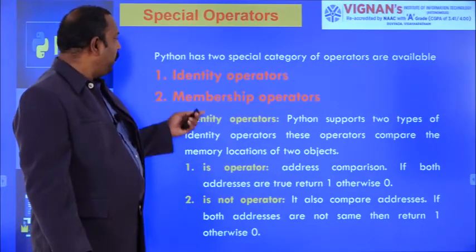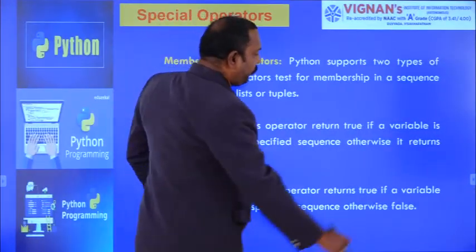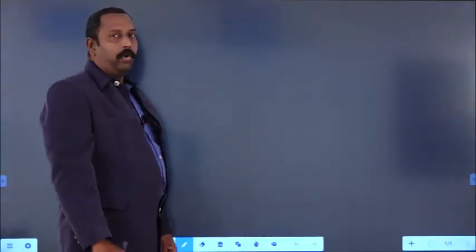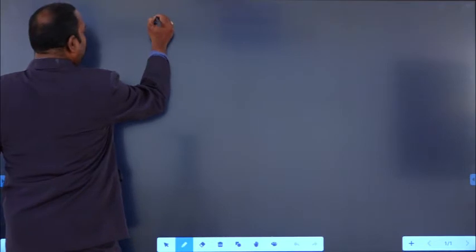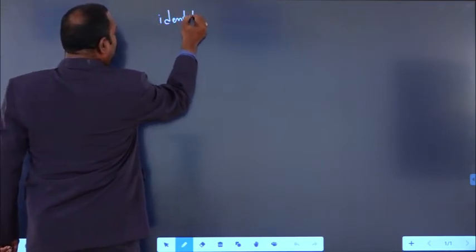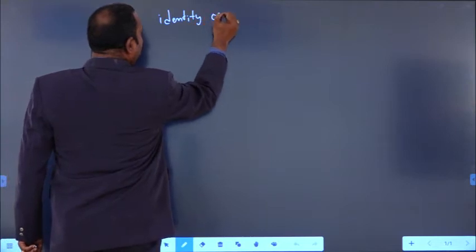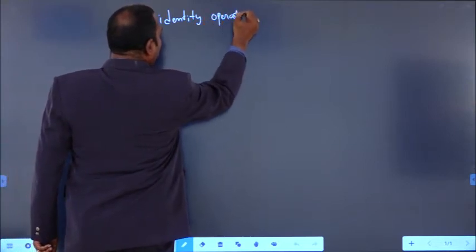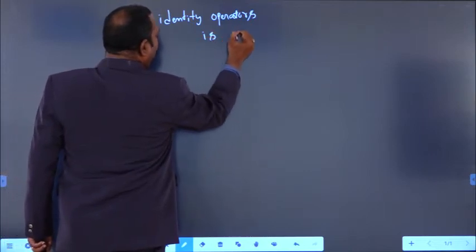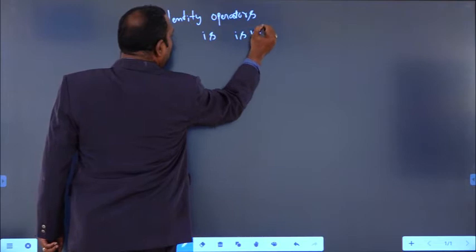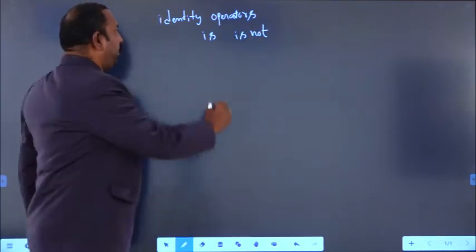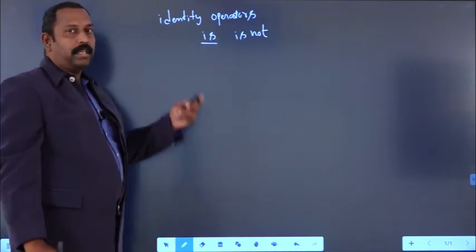The first one is identity operators, is and is not. The is operator will compare the addresses of the two operands.